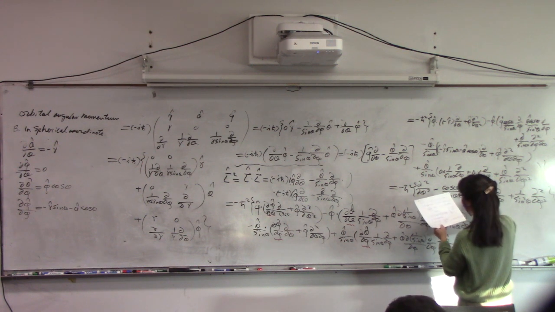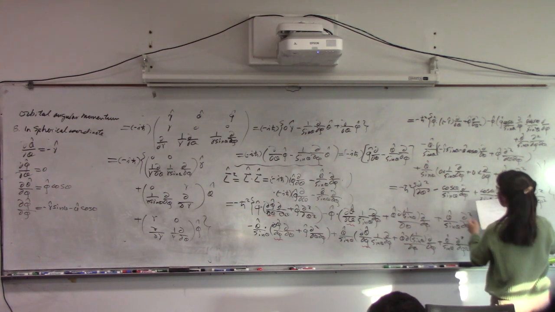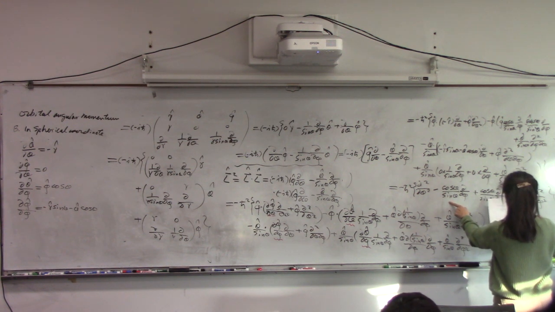So this is the second one, which comes from... someone help me find it, this time something is wrong. This term shouldn't exist. There is a sine, cosine, a theta dot.